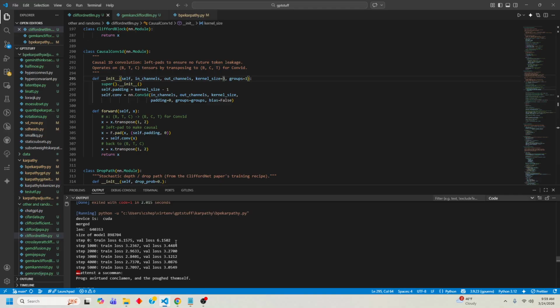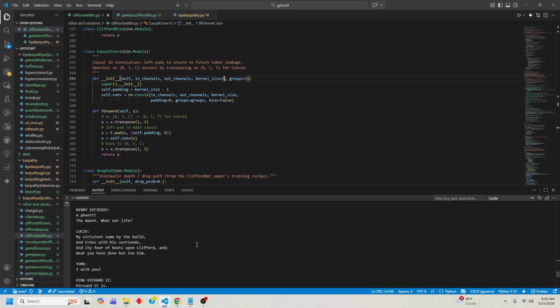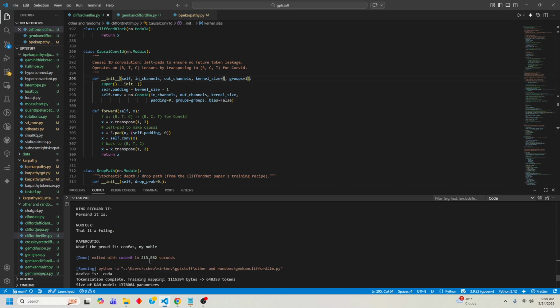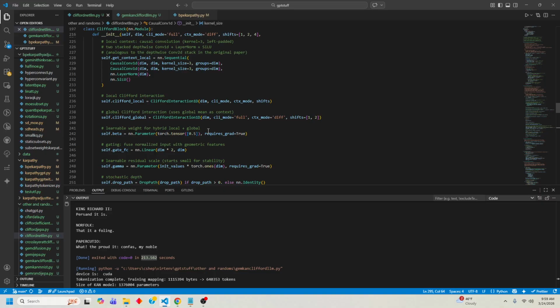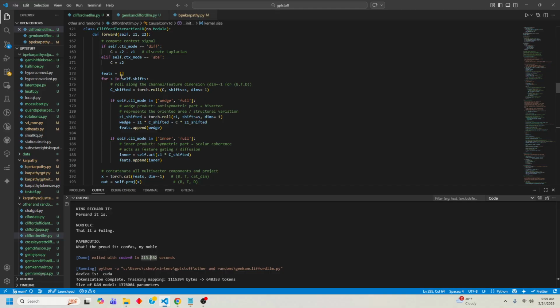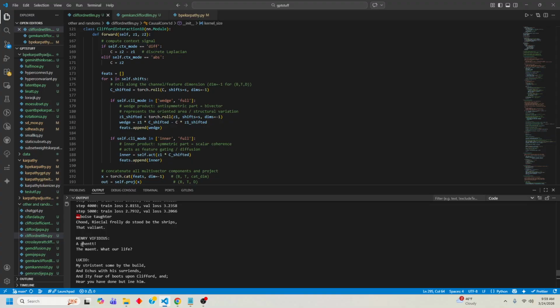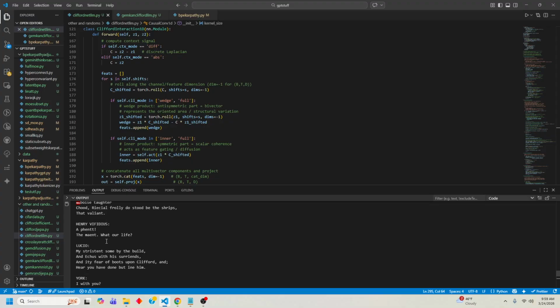Okay, so this takes 240 seconds, versus 213. I would say it's probably sub-optimized because there's a for loop in here, and PyTorch is not completely optimized for that. It also definitely has a different style of output.